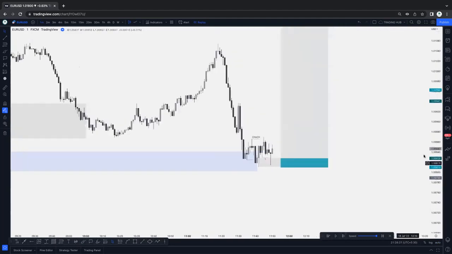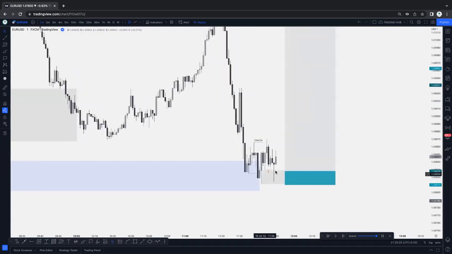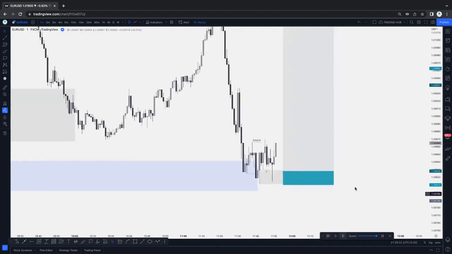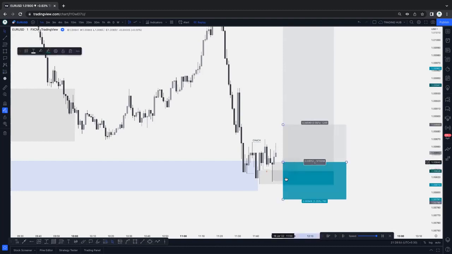Okay, so this entry is a tap here. And the second entry, we can take at this point, correct, because this one is our single candle mitigation based entry. If market pushes downside and mitigates this zone, we can again take an entry for the buy.